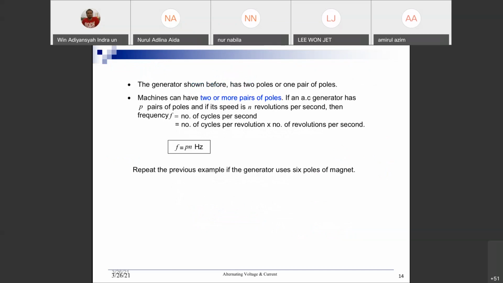A machine can have 2 or more pairs of poles. If an AC generator has P pairs of poles and its speed is n revolutions per second, then the frequency, the number of cycles per second, is the number of pairs times the revolutions per second, so f equals P times n.